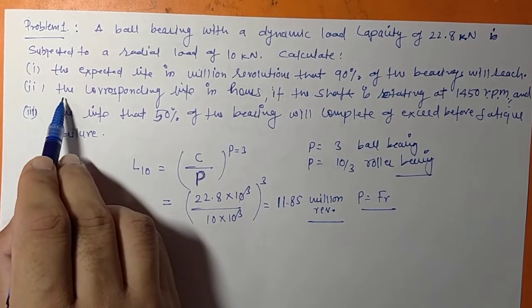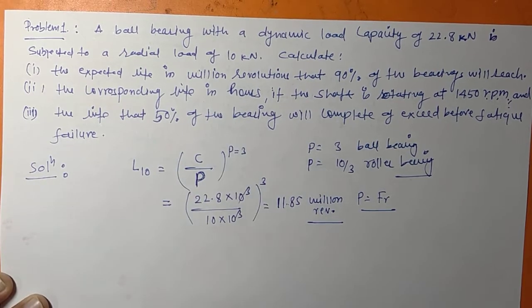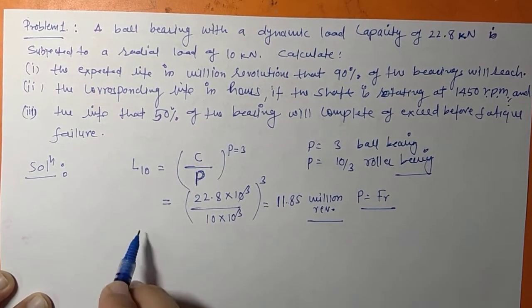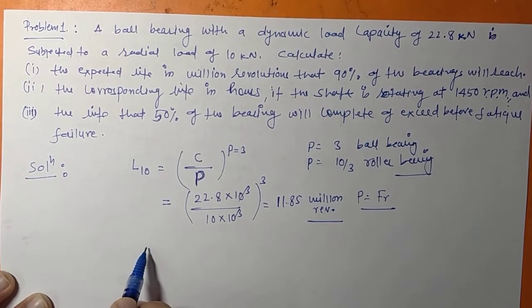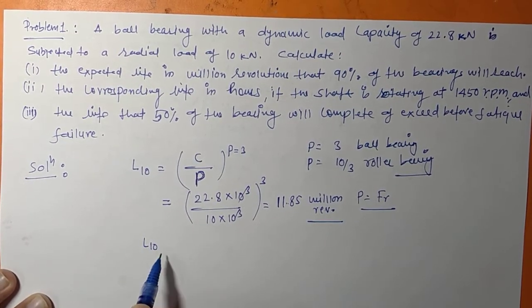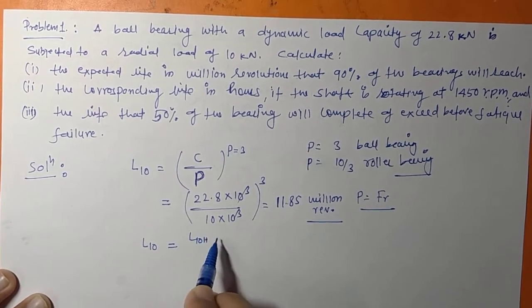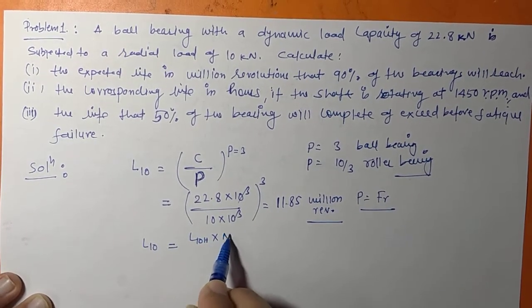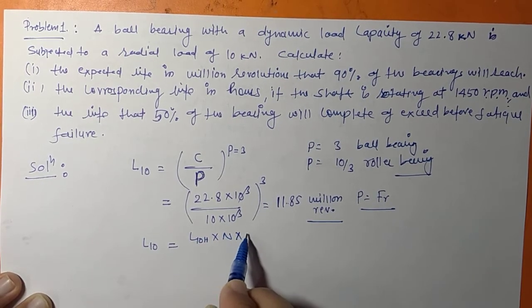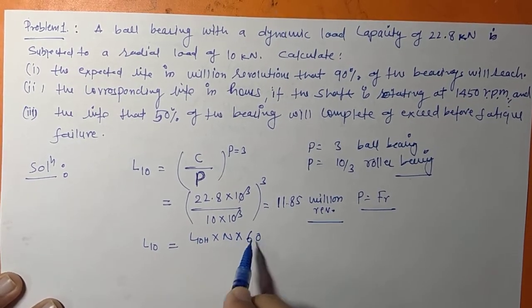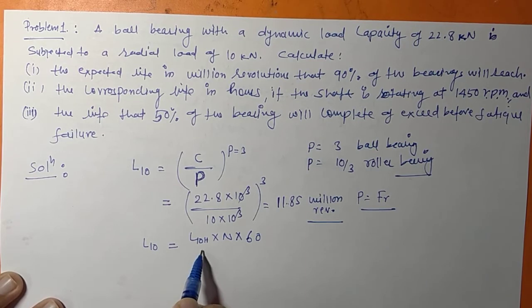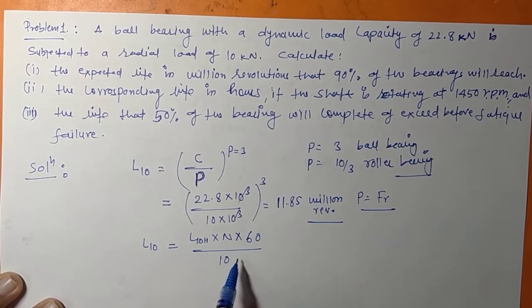So in the second, the corresponding life in hours. In the lecture we discussed that L10 is L10 hours multiplied by N multiplied by 60 divided by 10 raised to power 6.